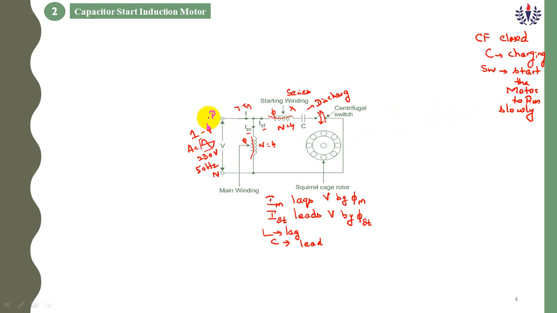Now if you vary the voltage to 230 V, then what happens? You have to open the centrifugal switch. Once you open it, the capacitor will be discharged. Then your starting winding will be disconnected.